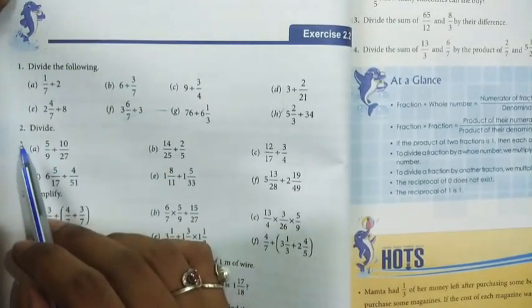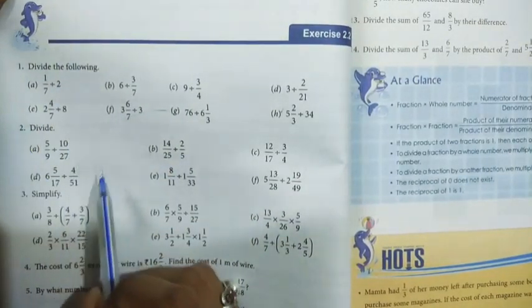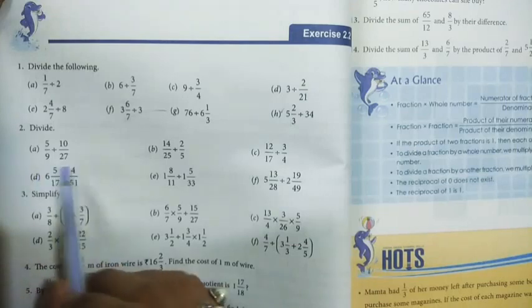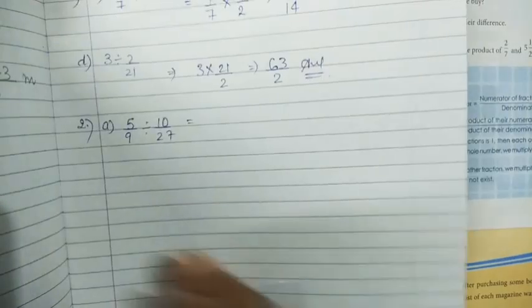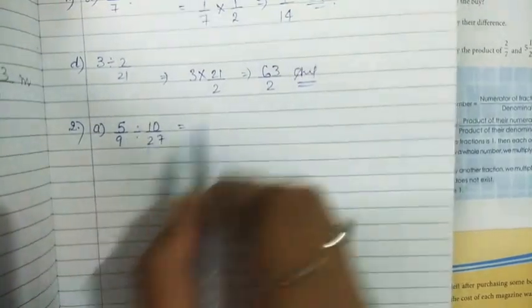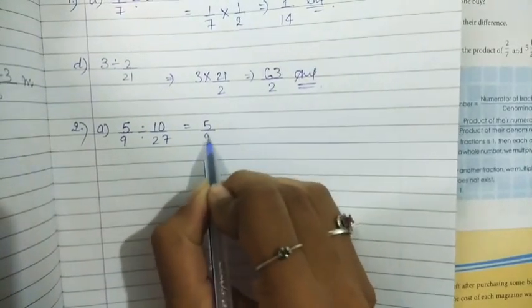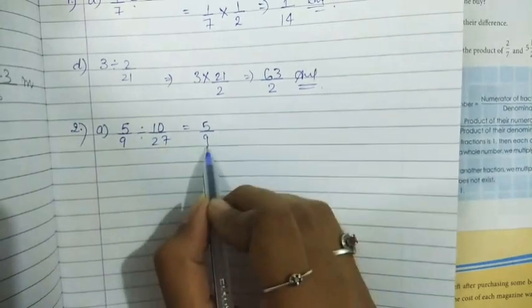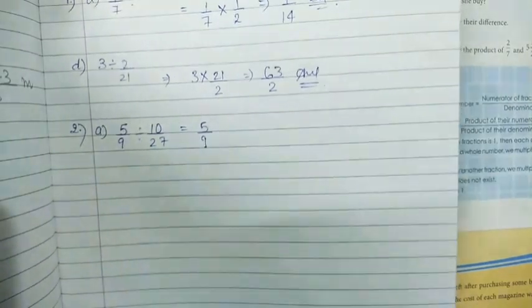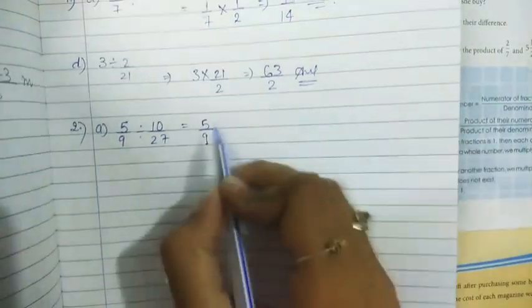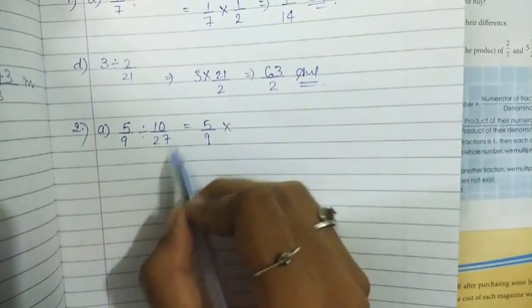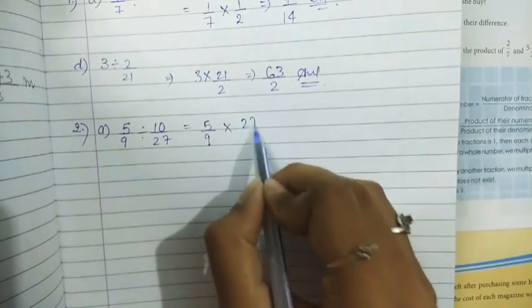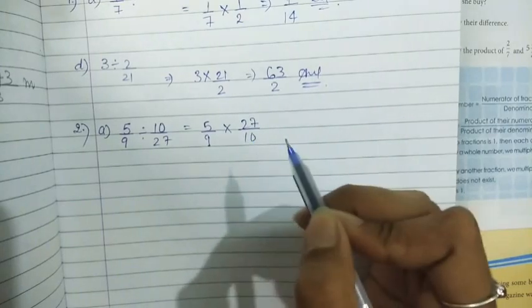Now in question 2, divide. We have to divide these two terms. So let's start. Write 5/9 here, and this is a division sign. We have to convert it into a multiplication sign and take the reciprocal of the second term, 27/10.